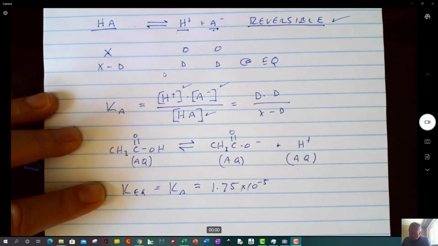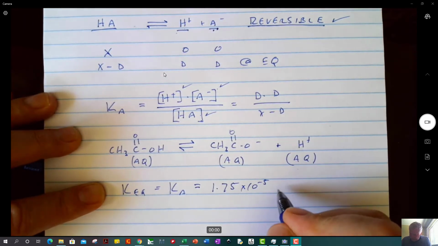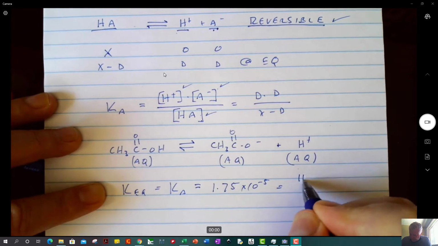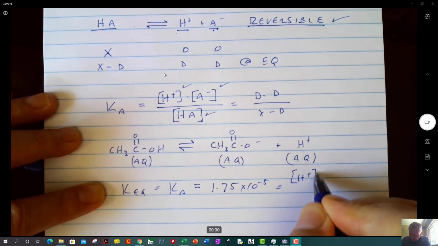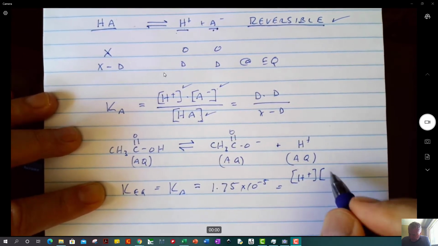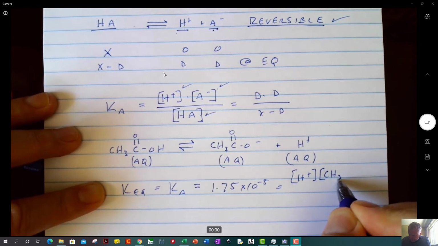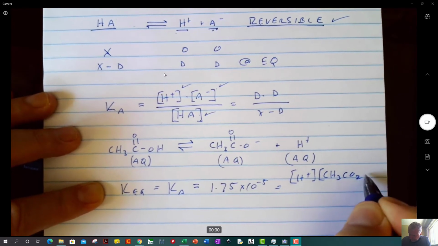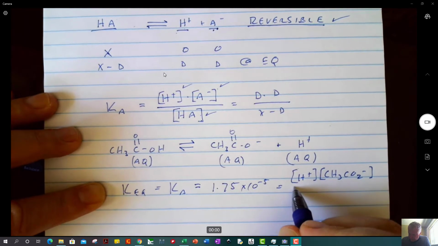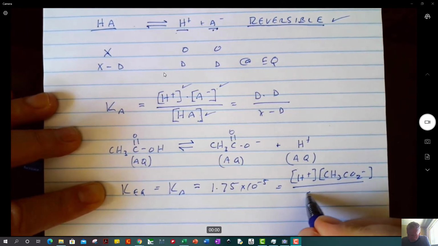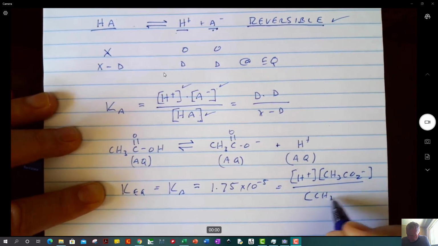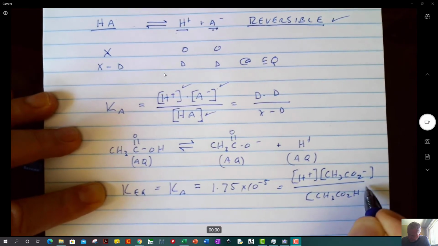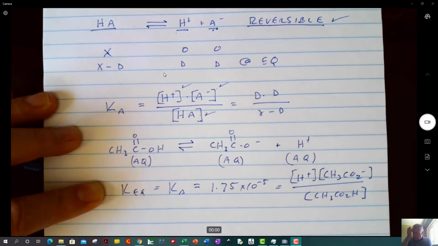And that is equal to the H plus ion concentration times the acetate ion concentration divided by the undissociated acetic acid concentration, right?